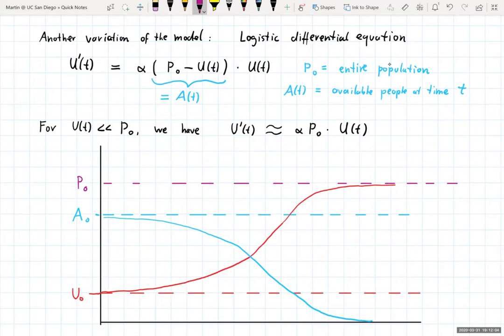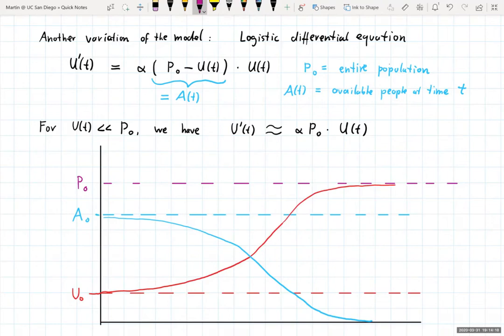And so the number of users is approaching the entire population number, but the growth is very, very slow. As we're almost full, it's very hard to reach the rest. And conversely, the number of people who do not yet have installed the app starts at a naught, and as u of t grows, it goes down correspondingly.